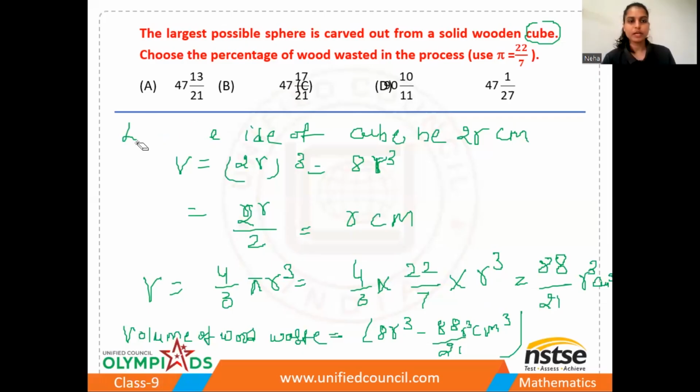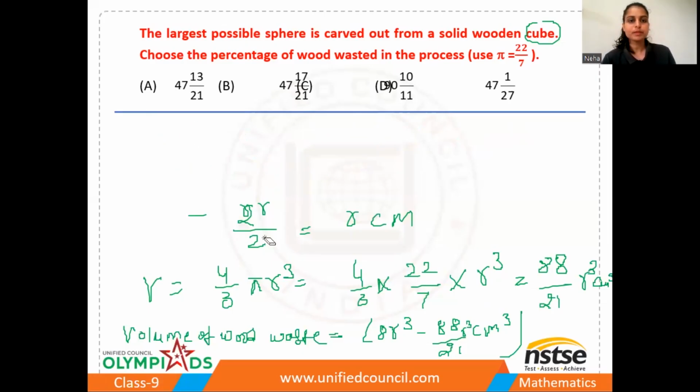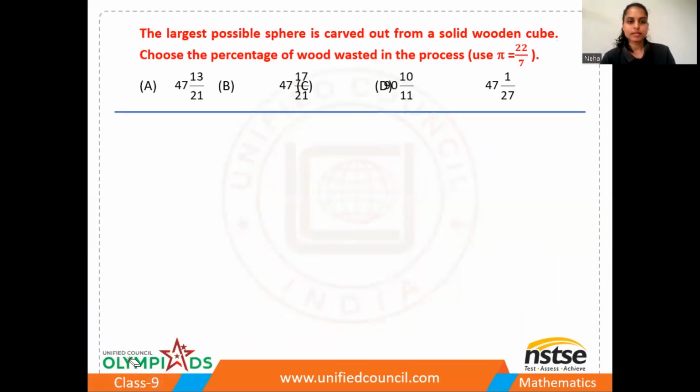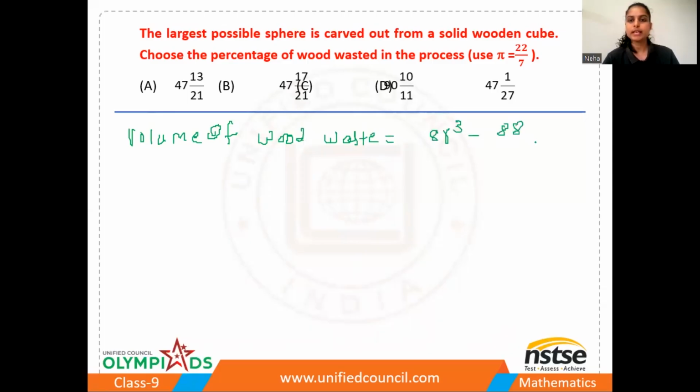Oh, it is all erased, no problem. So the volume of wood waste is nothing but 8r cube minus 88 upon 21 r cube. This is the volume of wood waste.